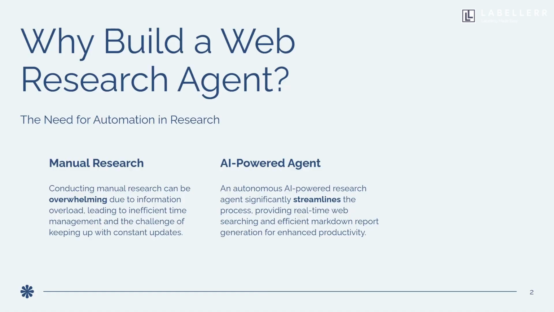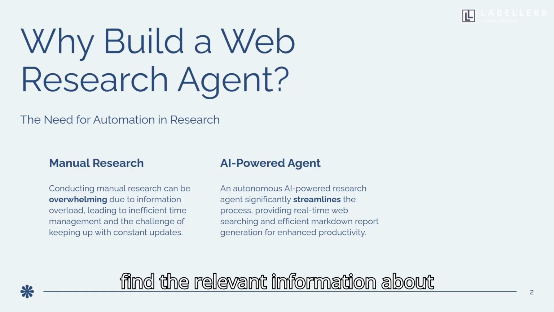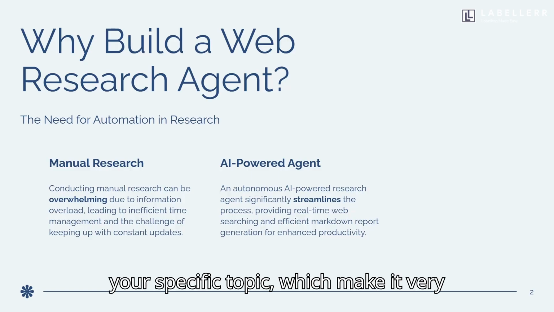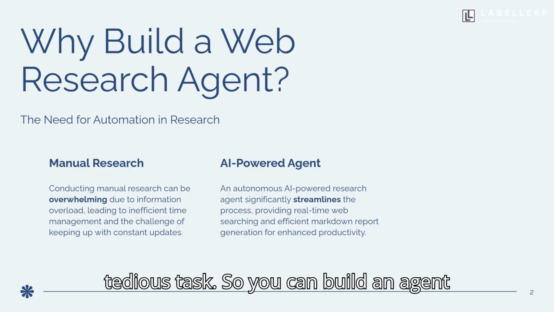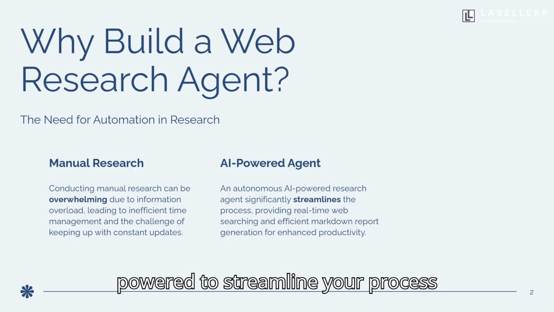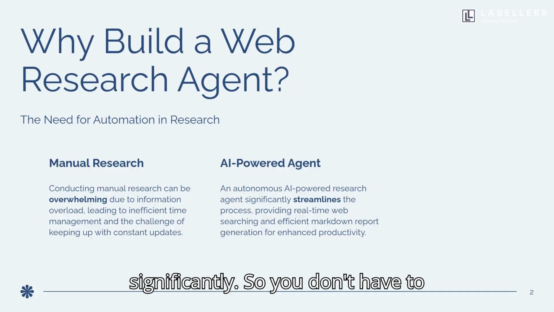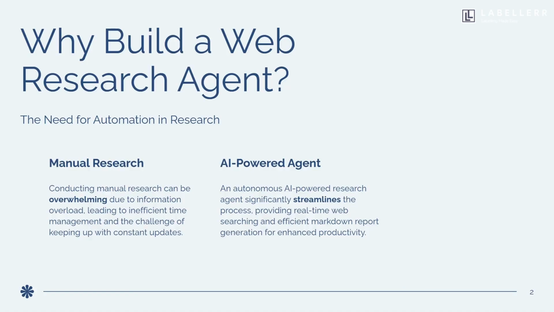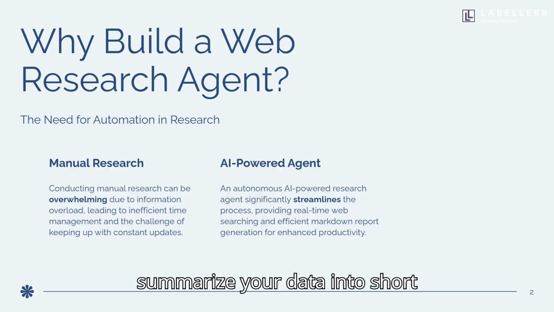So you have to find the relevant information about your specific topic, which makes it a very tedious task. So you can build an agent for that also. It is also AI powered, so it streamlines your process significantly. So you don't have to summarize your data into short form. You just use AI to do that.